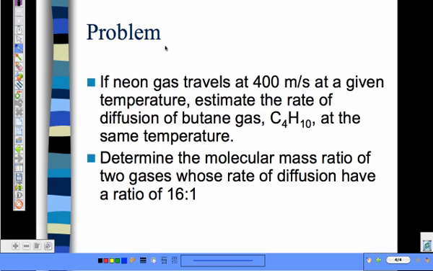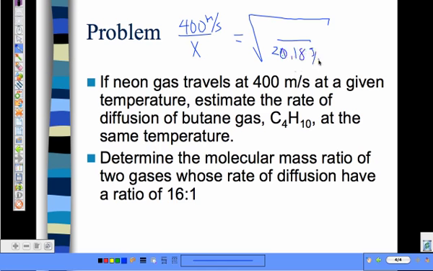Okay, so we'd have 400, and we're looking for the rate of the other gas, so we're looking for X here, equals the square root of the molar mass of neon, top or bottom? Bottom. 20.18. What was it? 58?